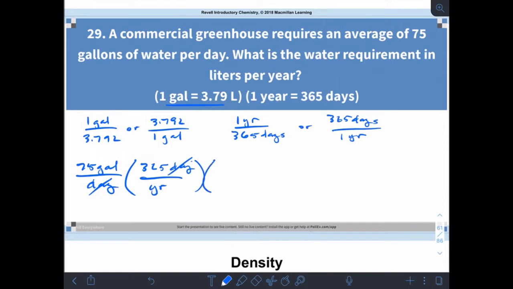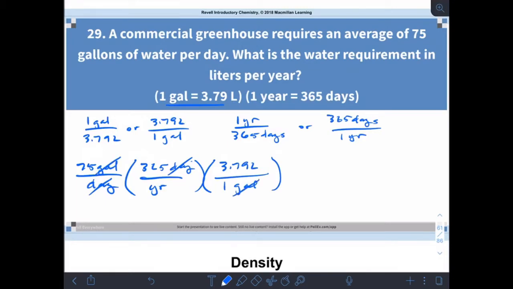So I'm going to do another conversion because I want to change the gallons into liters. So right now in my given information, gallons are on top. So I'm going to write a conversion factor that puts gallons on the bottom to make gallons go away. All right, so the gallons will cancel out now.